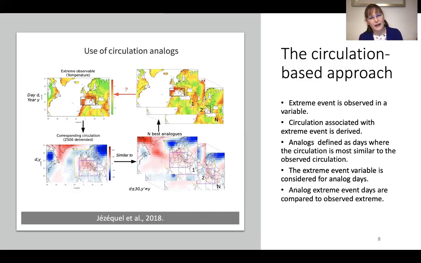And then they look in their analogues to see which are the best circulation analogues, which are most similar to the observed circulation. And then they subset the ensemble to see, for those days that had circulation similar to the observed circulation from our model, so this is in the model simulations, what was the response of the temperature in Europe in this case, to see what role that circulation played in the extreme event.